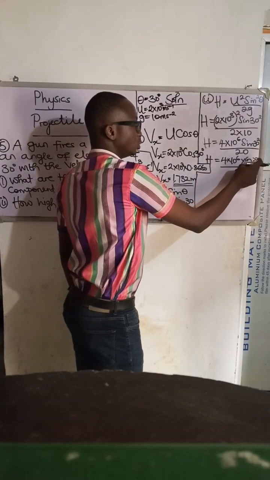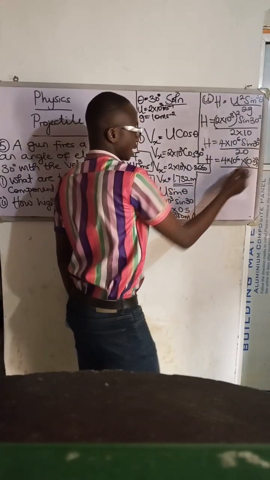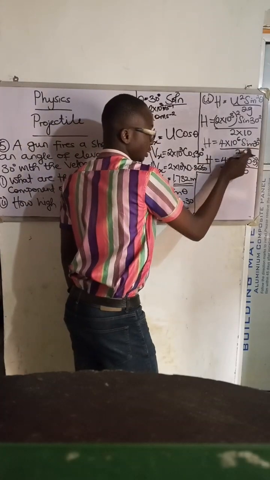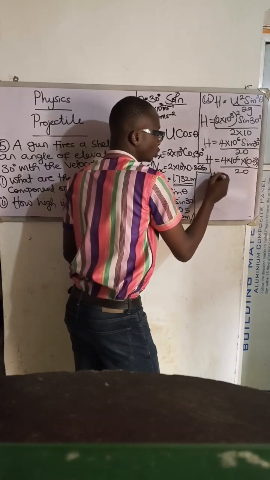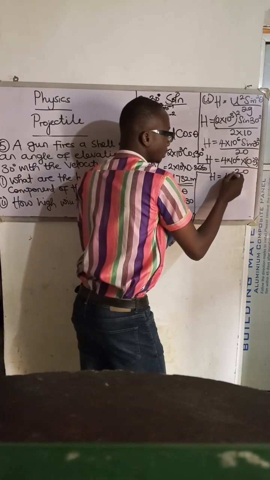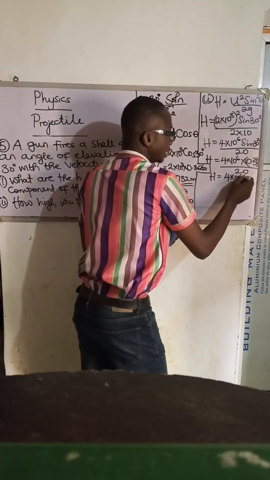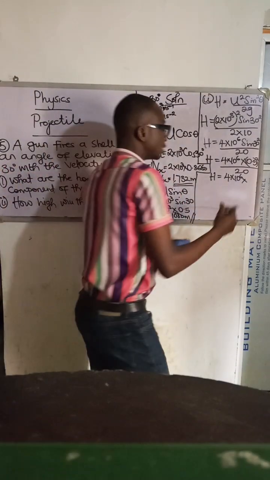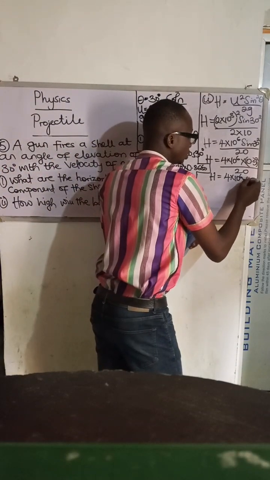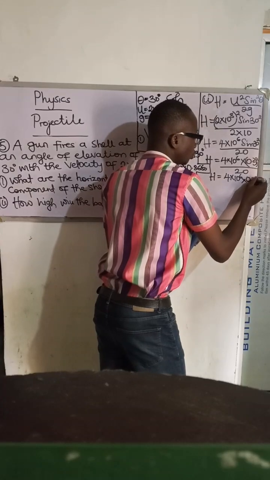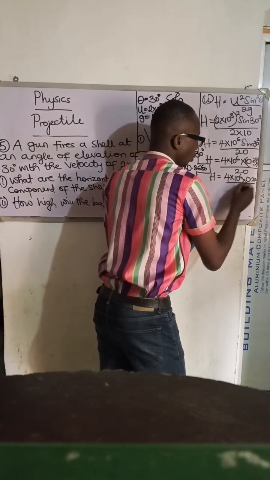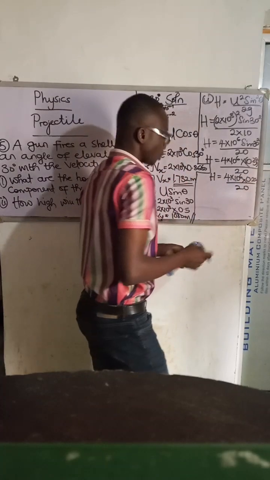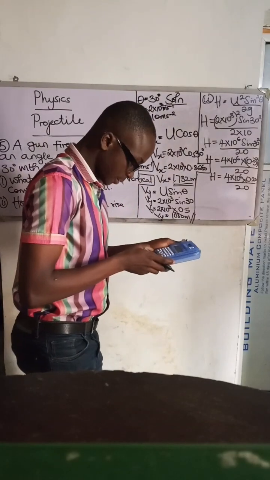I just did sine 30, which is 0.5, then I added the square, then all over this 20 here. Then h is equal to 4 times 10 raised to the power 6 times 0.5 squared, which is 0.5 times 0.5, and that is 0.25, all over 20.